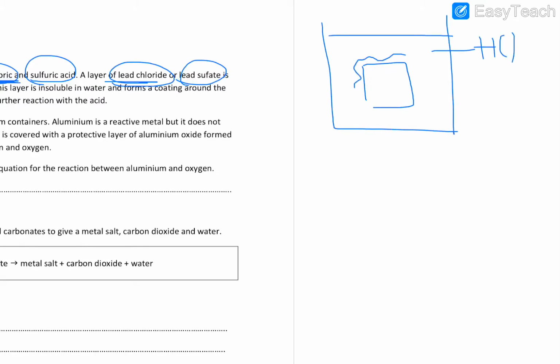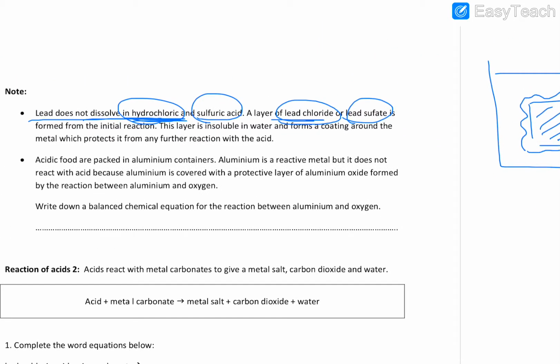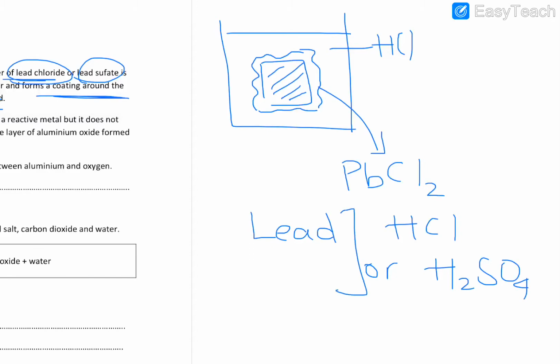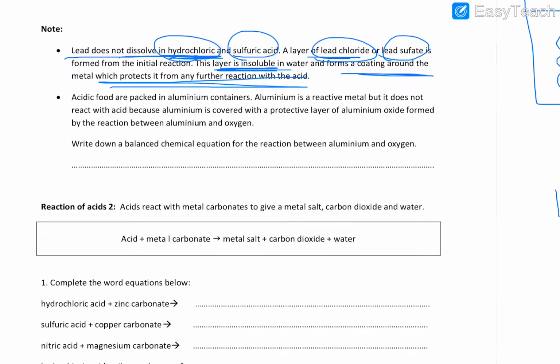You have a layer of lead chloride that starts to form all around that lead. That lead chloride, PbCl2, is going to protect the lead inside and prevent any further reaction. That layer is insoluble and forms a coating which protects it from any further reaction with the acid. So this is why we say that lead does not react with hydrochloric acid or sulfuric acid. It will not react because an insoluble layer forms around that metal that prevents any further reaction.